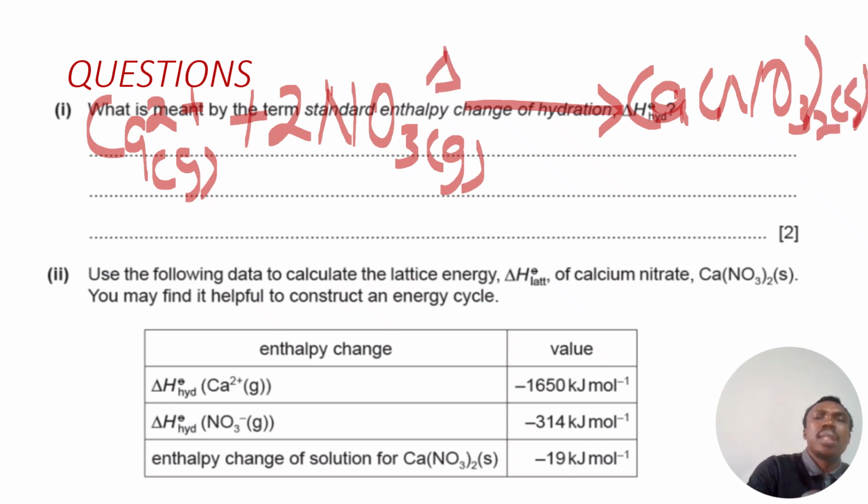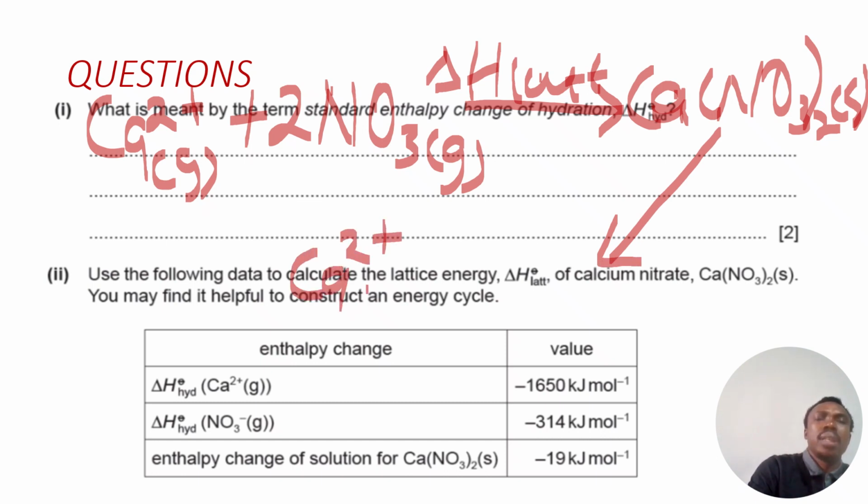So this is the lattice energy. Then from this, you have ions in aqueous solution, which is calcium ion aqueous, nitrate ion aqueous.